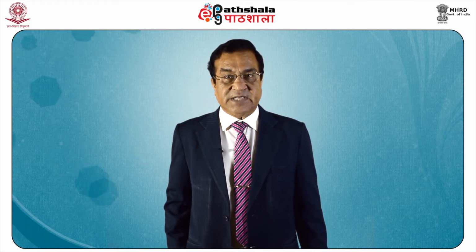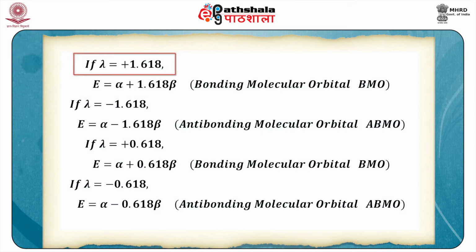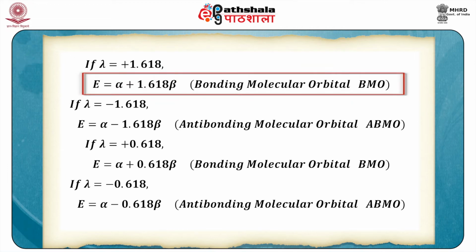And these energies, as you can see here, are: if lambda is equal to plus 1.618, then the corresponding energy of the molecular orbital is alpha plus 1.618 beta. And since you have already learned that alpha and beta both are negative, therefore this value will be ultimately negative, and we call this the bonding molecular orbital, BMO.